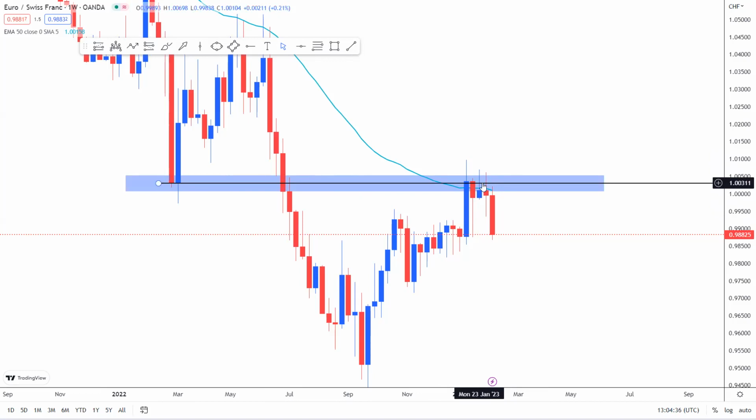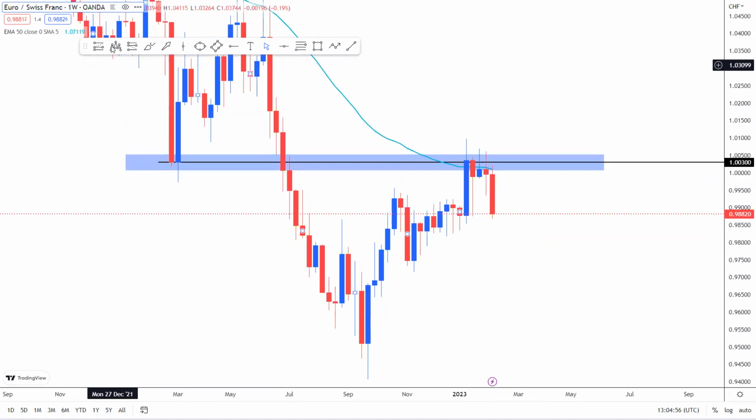And then clearly from the weekly time frame, you can see we had somewhat of a weekly double top.